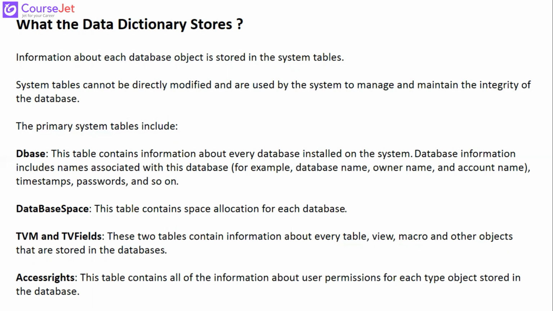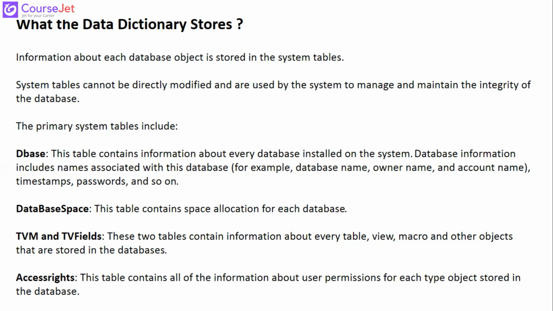The other one is database space, where we will see the space utilization of each database. The main one is TVM and TVFields, where the table level information will be stored. There is a dictionary called dbc.tablesv.